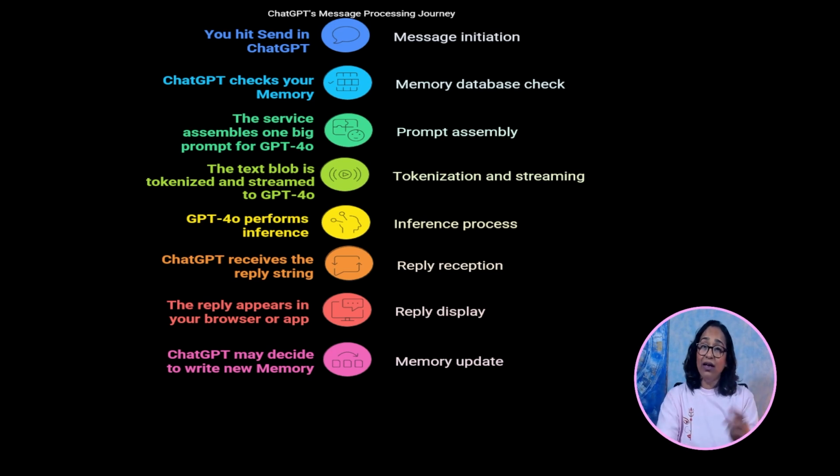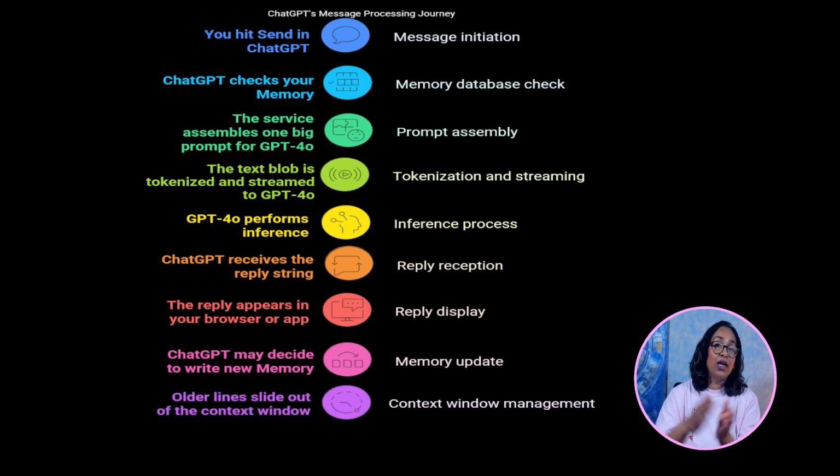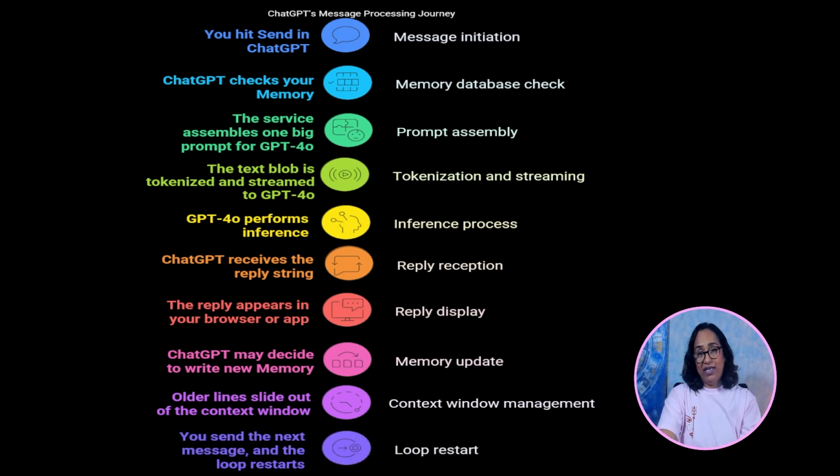It remembers that, and from next time when I ask for images, it usually uses pink in the output. And once that is done, every GPT chat window or any AI window has a context length. If you keep asking, the context window management comes in and it forgets what you asked in the past and keeps updating itself, and then the loop repeats.